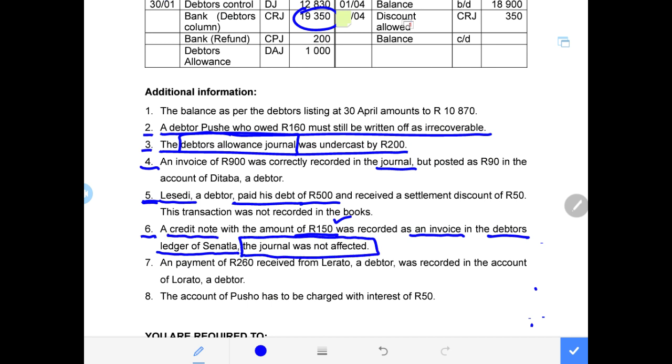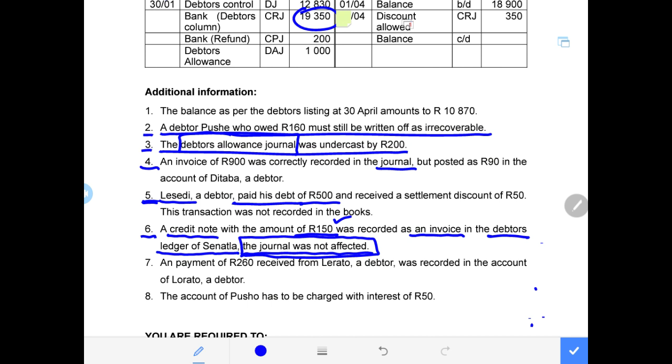Under the debtors allowance journal, everything was sorted, hence they say the journal was not affected. In other terms, you can say the debtors journal was recorded correctly, but it is only incorrect in the ledger account of the customer called Senatla.